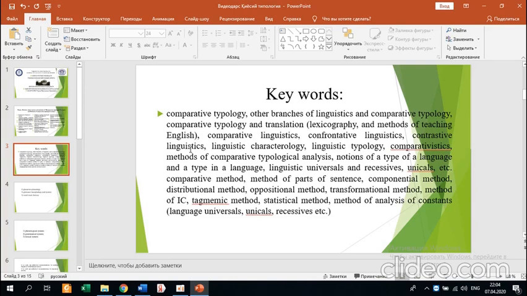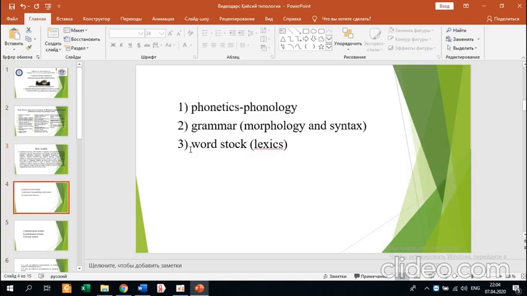The purpose of the course is to introduce students to the systematic comparative study of the structures of modern English, Uzbek, and Russian, especially in three main aspects of them: phonetics, phonology, grammar, here we mean morphology and syntax, and word stock.